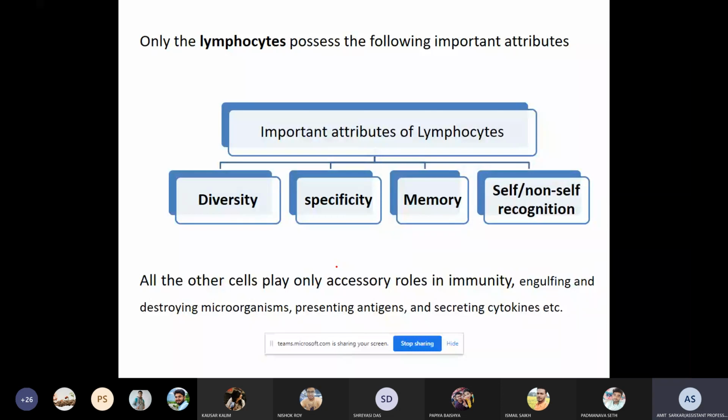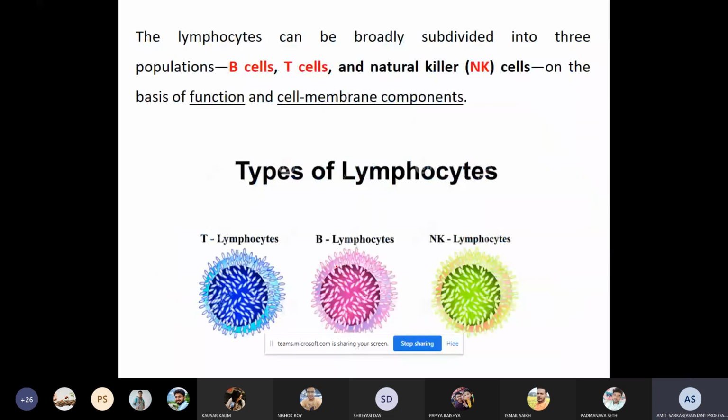So this lymphocyte, as I'm saying, could be categorized into three different types. So far, we have only seen B and T, but there is also another one called natural killer cell or NK cell.